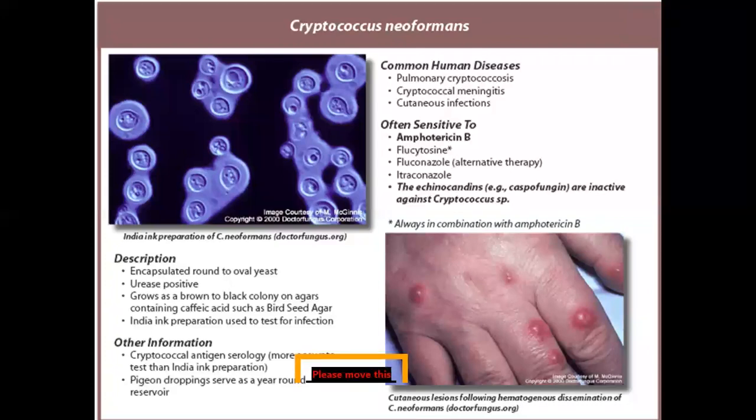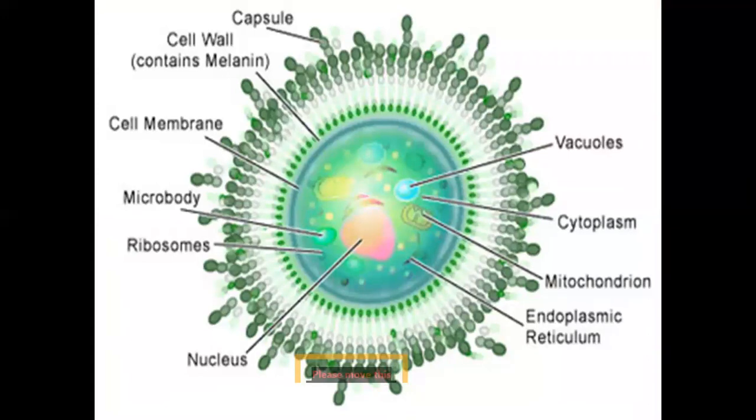If a fungal meningitis is diagnosed, you should be cautious that the patient is immunocompromised. Cryptococcus neoformans meningitis can never occur in an immunocompetent person. This is a budding fungus, Cryptococcus neoformans.